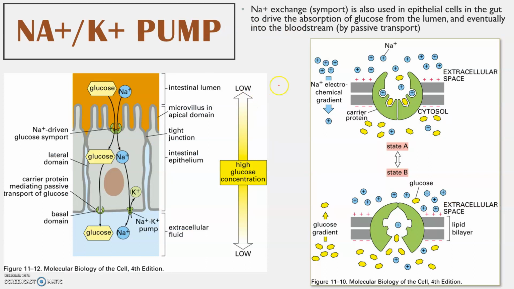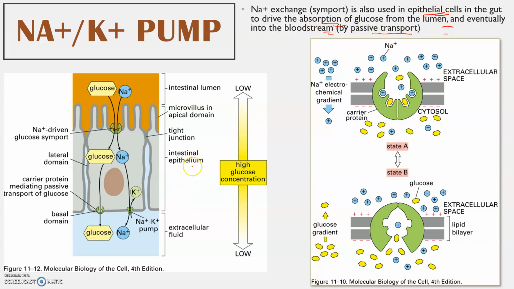So in this example that I have mentioned here, I have shown the sodium exchange is used in epithelial cells in the gut to drive absorption of glucose from lumen and eventually into the bloodstream by passive transport. So this is just an example of how the sodium potassium pump plays a very pivotal role in carrying out a very important process of absorption of glucose from lumen into the bloodstream.